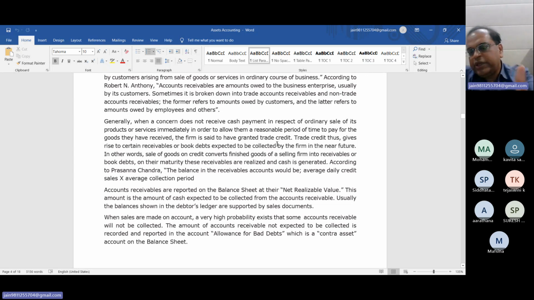So whenever you make a sale on the basis of credit, definitely you will allow some period to make the payment of cash. This is called the trade credit. Trade credit thus gives rise to certain receivables or book debts expected to be collected by the firm in the near future.